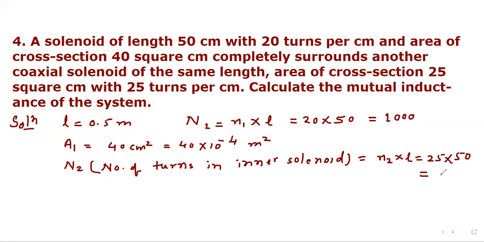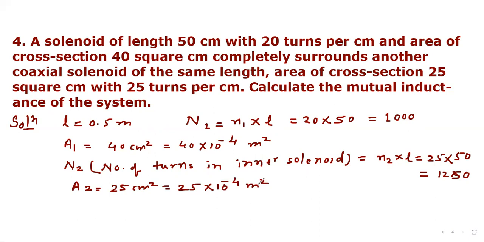So this will give 1250. Now area of cross section A2 is given as 25 centimeters square, that is 25 into 10 to the power minus 4 meter square.